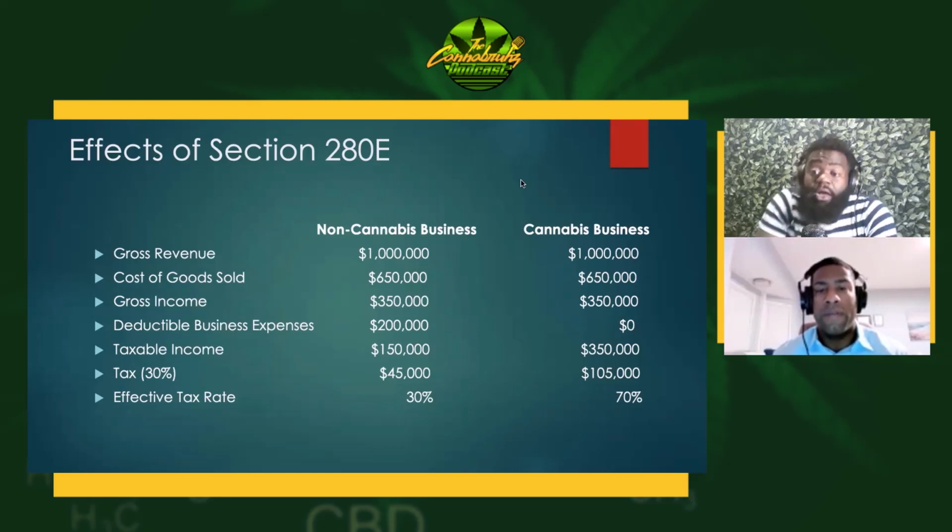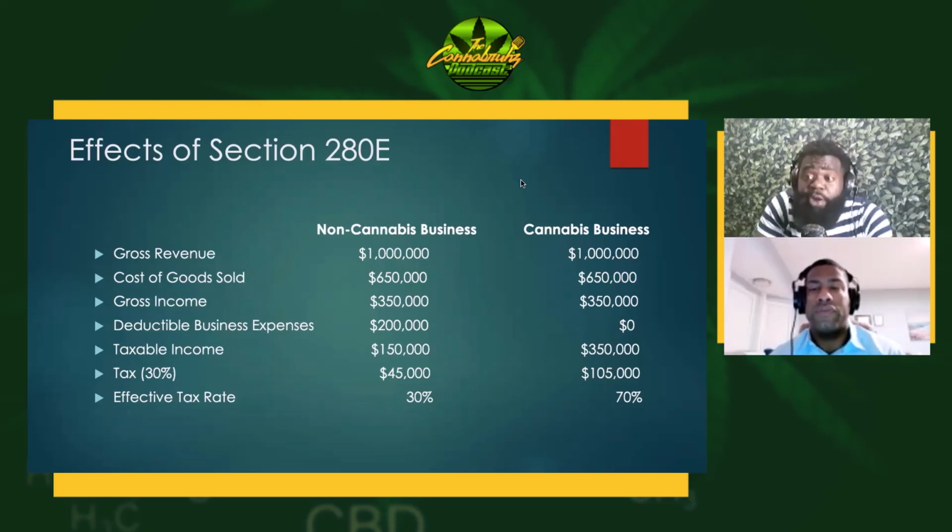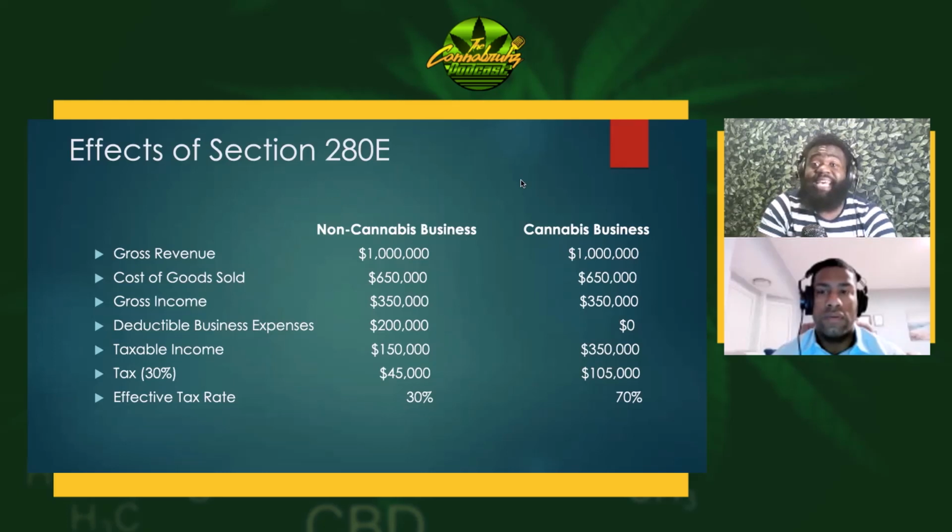So that leaves my taxable income at about $150,000. I also did a lot of marketing and came up with some really creative things for my cannabis business. The difference is I don't have those expenses deducted, so when they go to tax my income, my taxable income is still the full $350,000. Now we're starting to get into some problems.